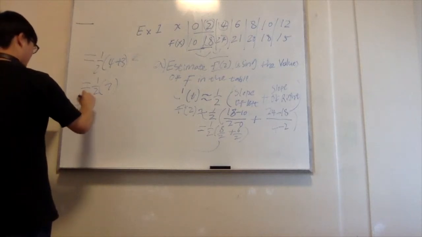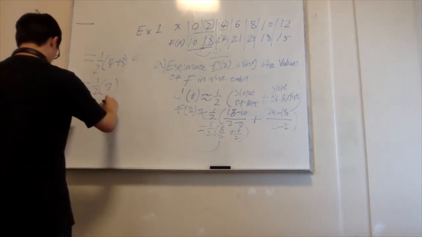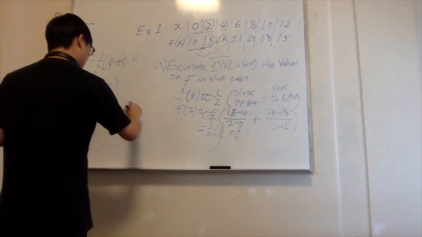So our f prime of 2 is estimated at about 3.5.